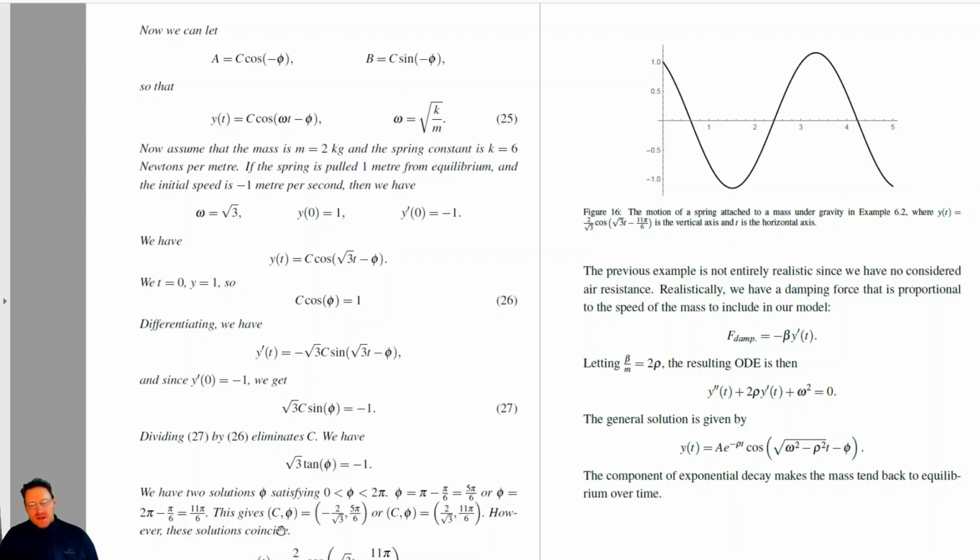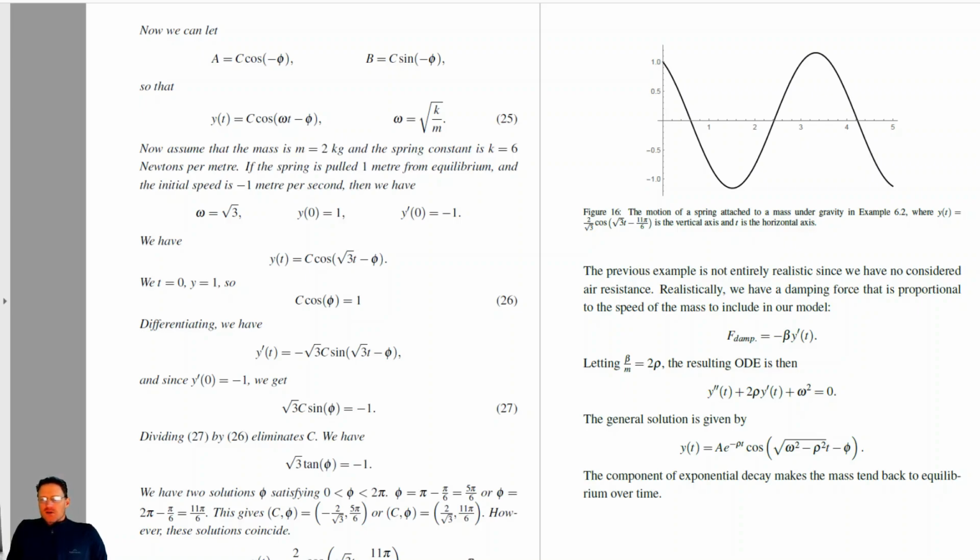And so that gives us a solution c and phi equal to minus 2 over root 3, 5 pi on 6, or 2 over root 3, it's positive 2 over root 3, 11 pi on 6. However, these two give you the same solution, and you can just plot it to check that those are the same. Okay, so that gives us our solution to that equation.